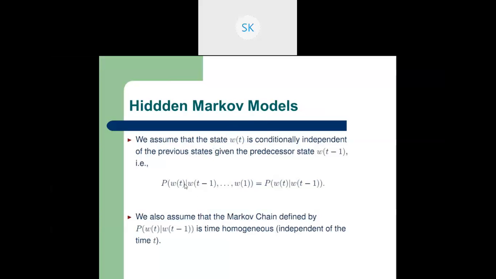So W of t depends only on the previous state, one day before, not on 2 days or 3 days before. That is the probability of W of t given W of t minus 1. We also assume that the Markov chain defined by W of t with respect to t minus 1 is time homogeneous, independent of the time t.